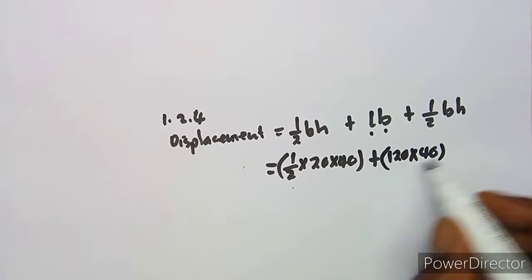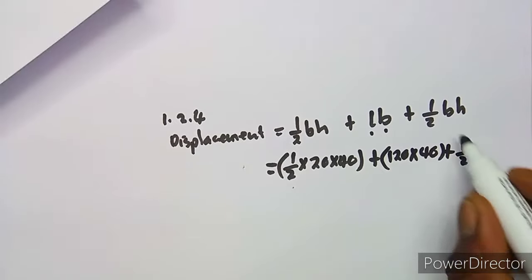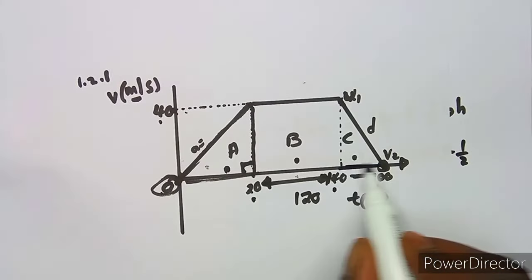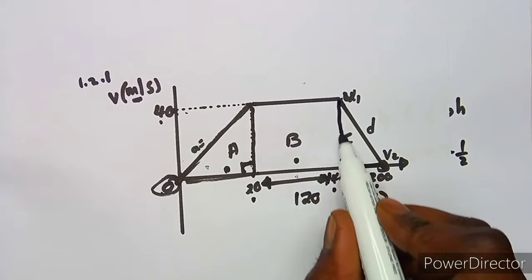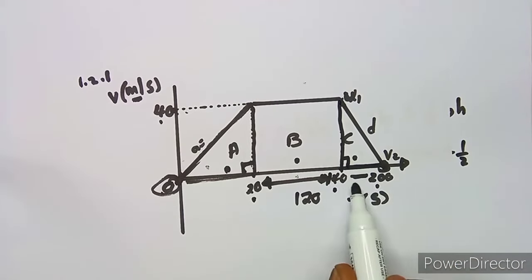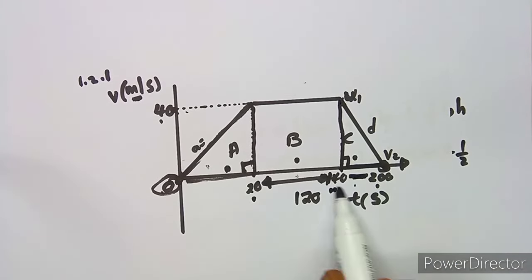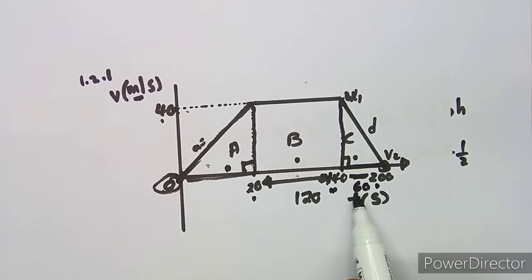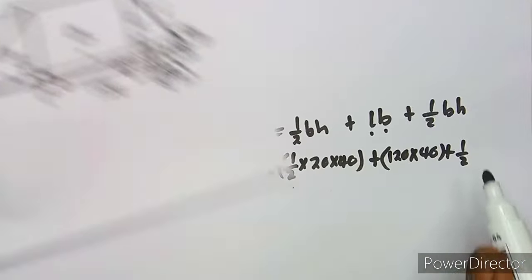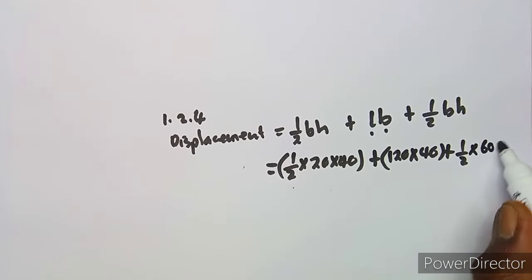That's what you're going to have, plus half base times perpendicular height. You're now talking of this triangle. So this is your height, your perpendicular height, and this is the difference, 140 to 200. That's 200 minus 140, which is 60. So it's half of 60 times 40. All right, that's half of 60 times 40, like this.